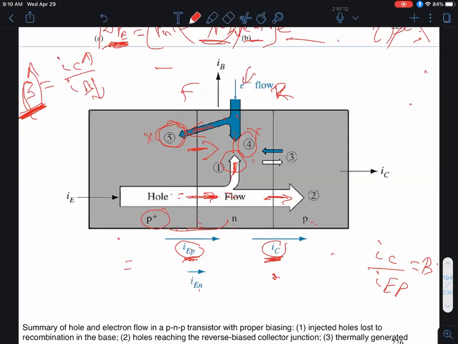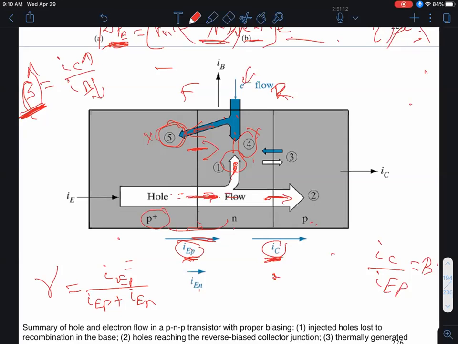The other important parameter is what fraction of the emitter current is useful current, okay? And that is defined as IEP divided by the total emitter current, which is IEP plus IEN. That is known as your emitter injection efficiency gamma, okay? Now, you'd also want that to be as high as possible. Asymptotic value would be 1.